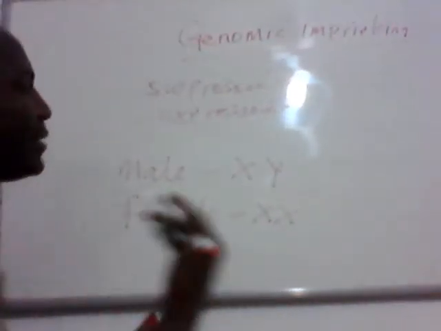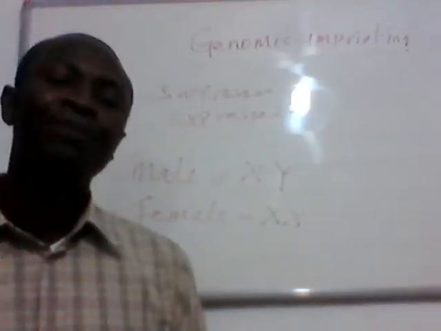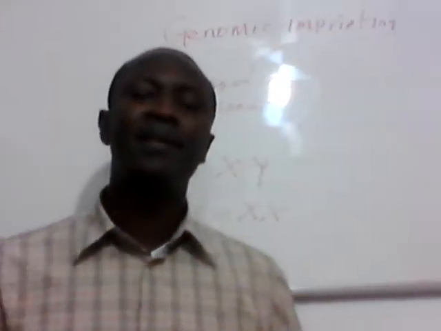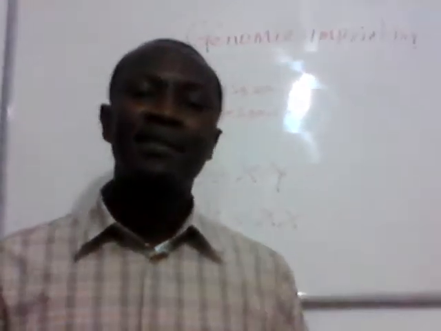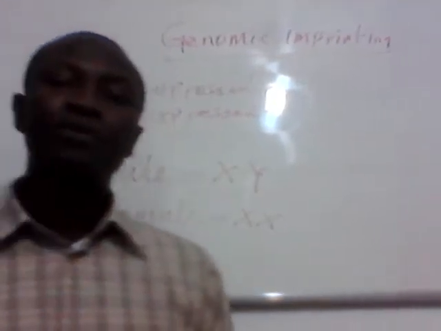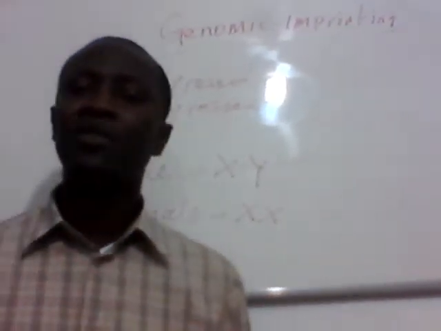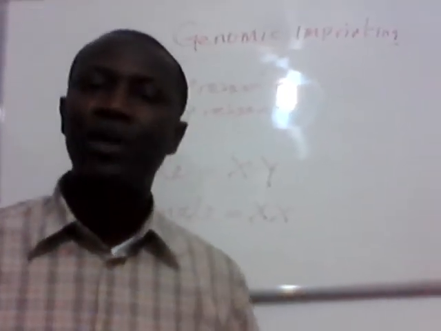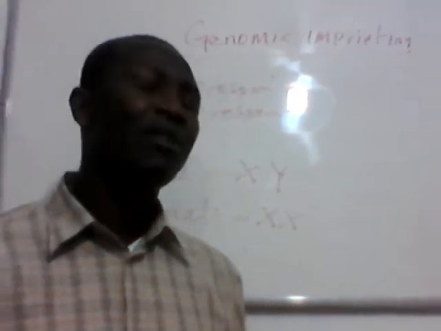Now, during this process of meiosis, that is the separation of genetic materials, and during embryonic development, how do these chromosomes pair until some of them will have XY chromosomes and some of them will have double X chromosomes? That is a perfect explanation of genomic imprinting.